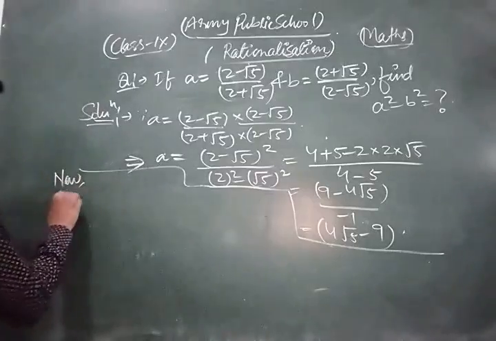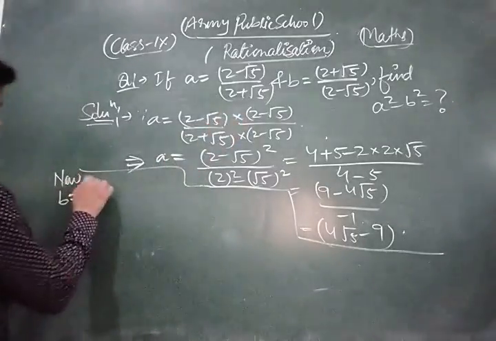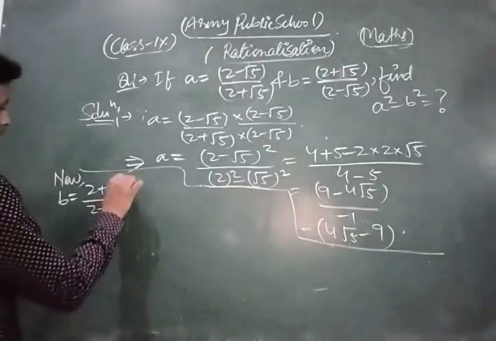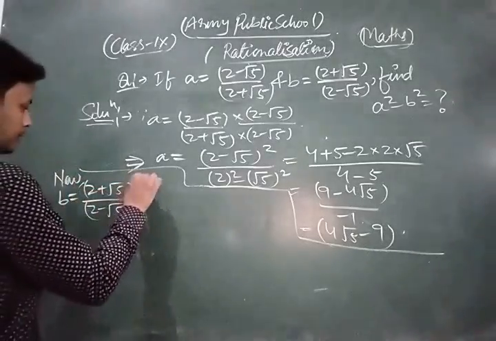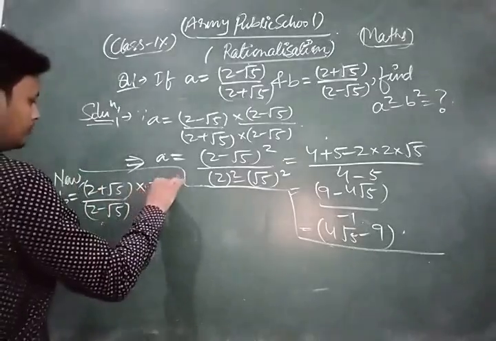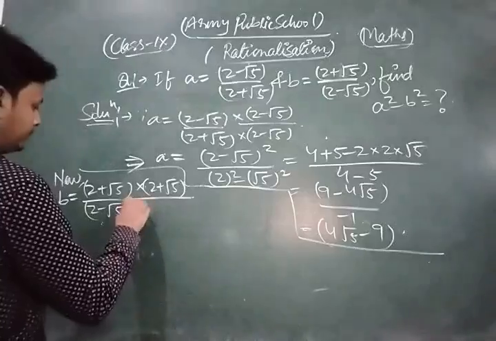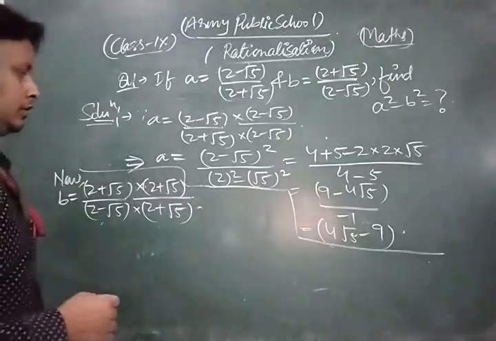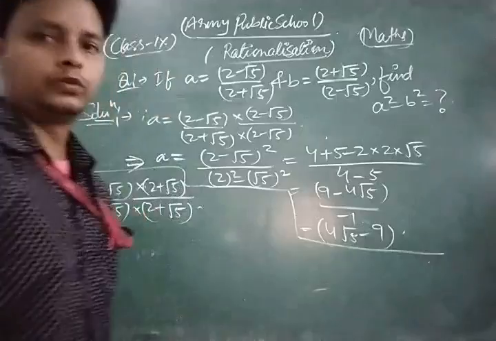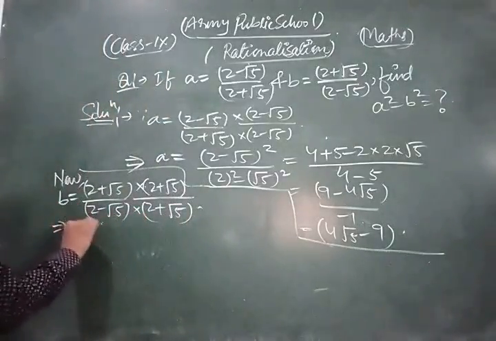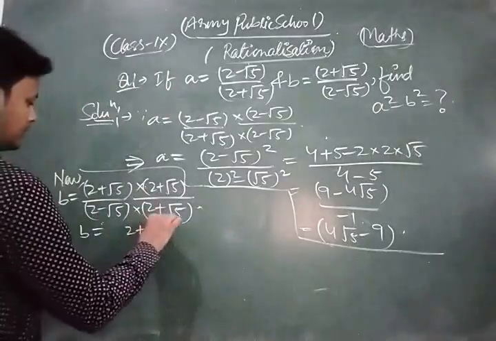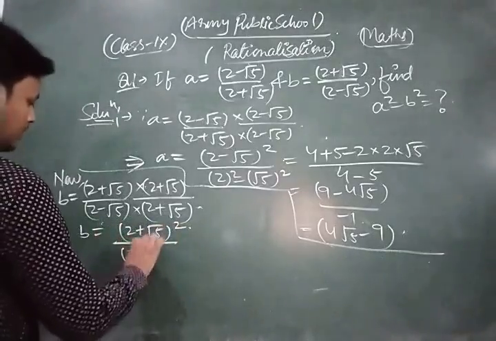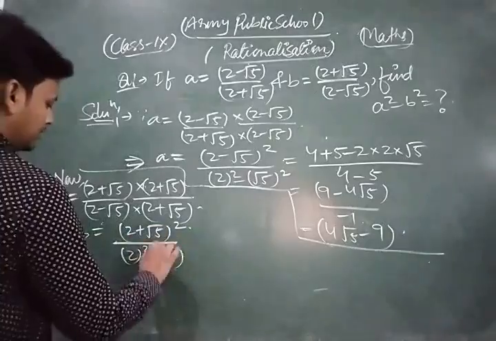The value of b is 2 plus root 5 upon 2 minus root 5. Now we must multiply both the numerator and denominator by the conjugate, that is 2 plus root 5. So b is equal to 2 plus root 5 whole square upon a minus b into a plus b, that is a square minus b square.